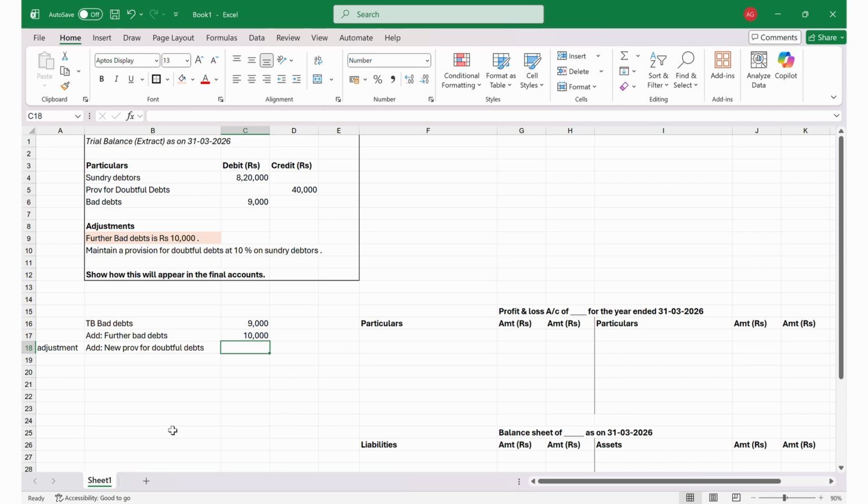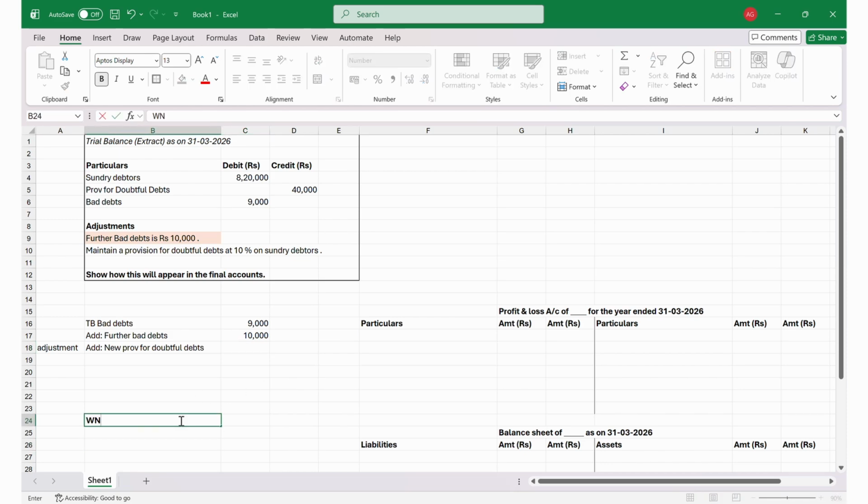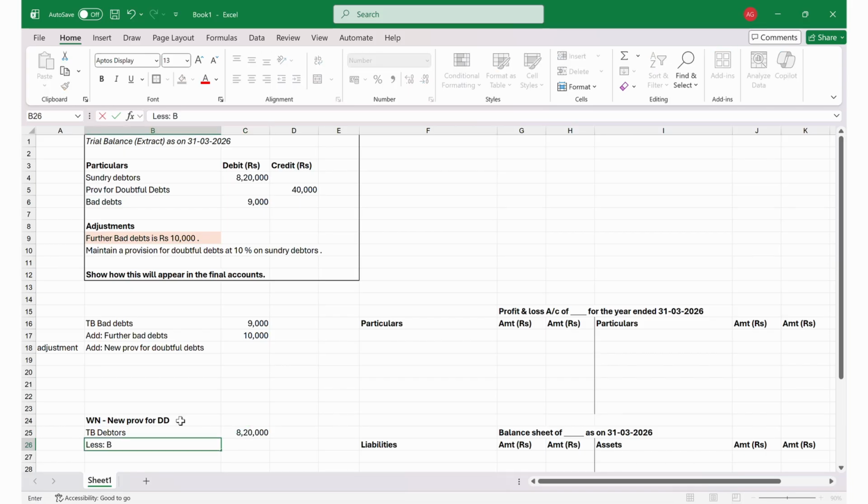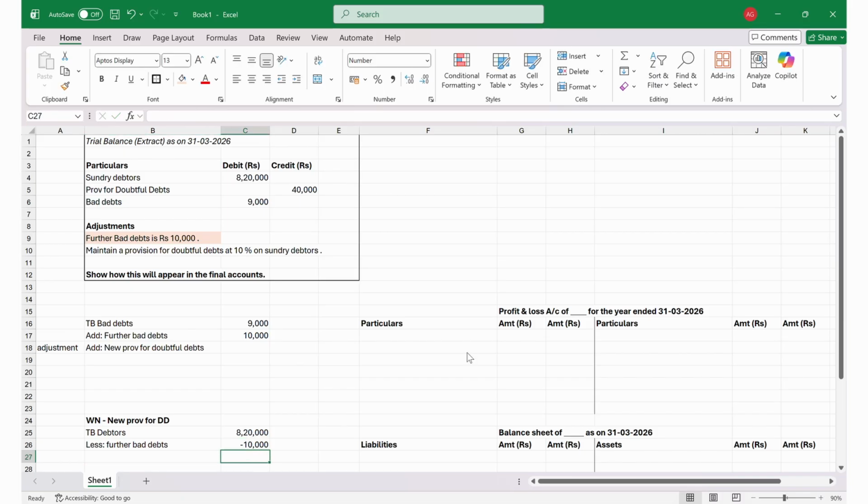So how to do it correctly? We have to create another sub working note for it, to find out updated debtors. On the updated debtors only we can arrive at the new provision for doubtful debts. First write down the trial balance value of debtors, 8,20,000, and then you eliminate the bad debts amount that was in the adjustment. You have 10,000 worth of bad debts from the adjustment.